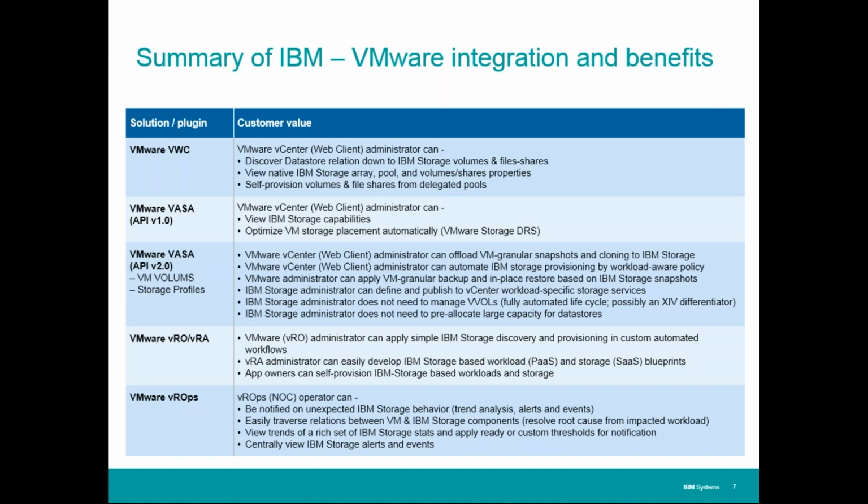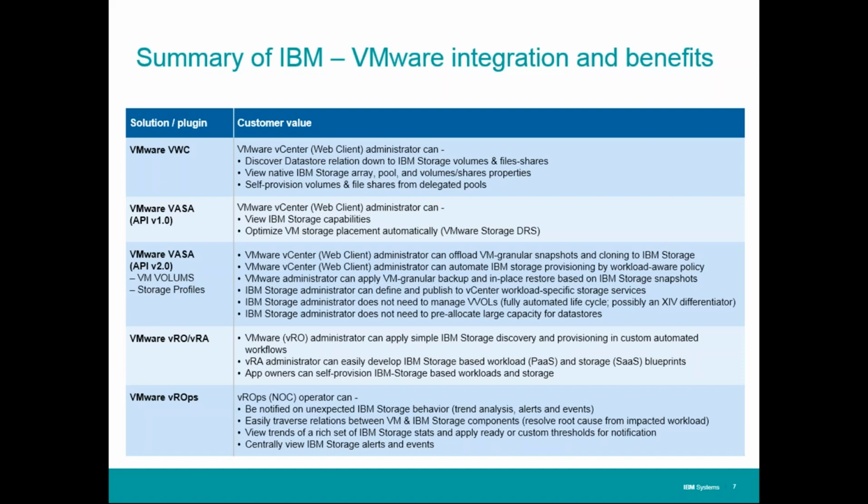When you look at the VMware VASA API 2.0, same thing. The administrator can offload granular-level snapshot and cloning to the IBM storage. So these are extensive capabilities that we expand. When you go down to Orchestrator and VRA, the VRA administrator can, for example, apply a very simple IBM storage discovery and provision in custom automated workflows.